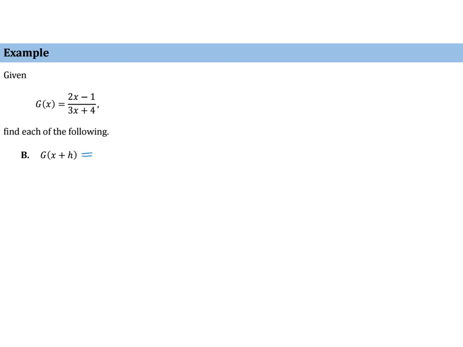So in the same way, everywhere we saw x, we'll replace with x plus h. Go ahead and try this one on your own. Pause the video and see how you fare. So we have 2 times our input minus 1 over 3 times our input plus 4. So everywhere we see x, we will replace with our input x plus h.